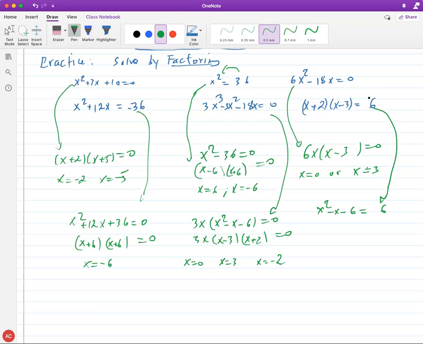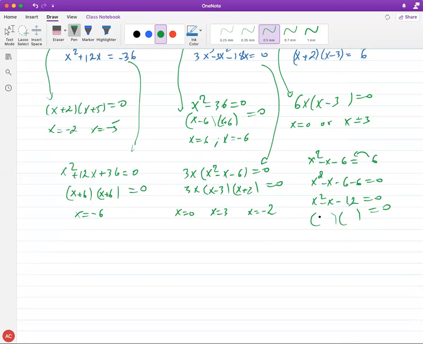Then we move this over: minus x minus x minus 6, so we get x squared minus x minus 12. And then x minus 4 and x plus 3.